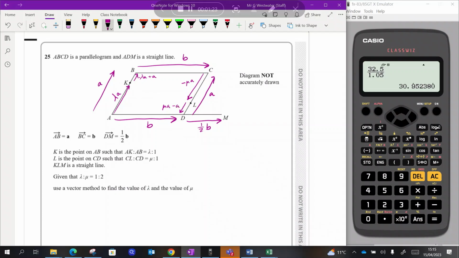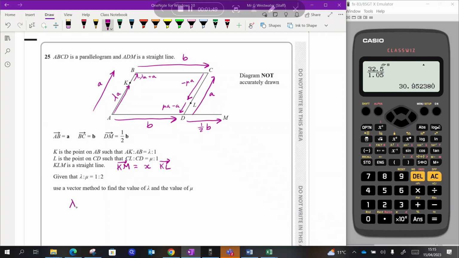Okay, and then we've got KLM is a straight line, where if that's the case, then KM is going to equal some multiple of KL, so let's call this x times KL. And finally, lambda to mu is in the ratio of 1 to 2.